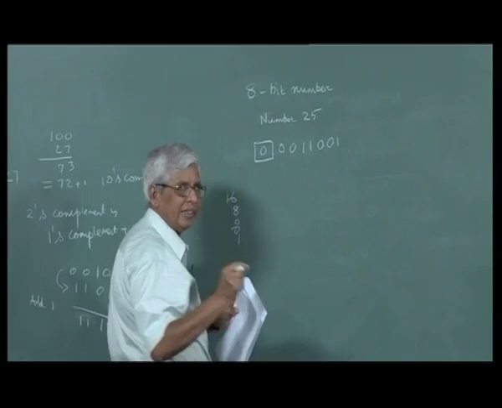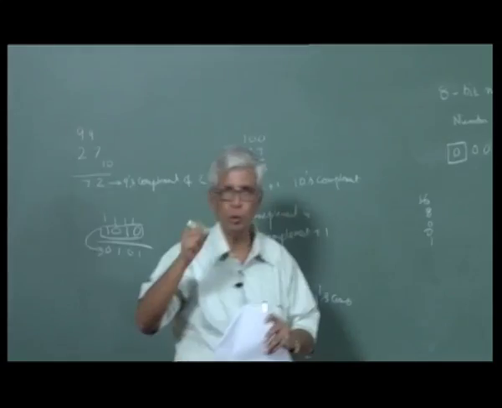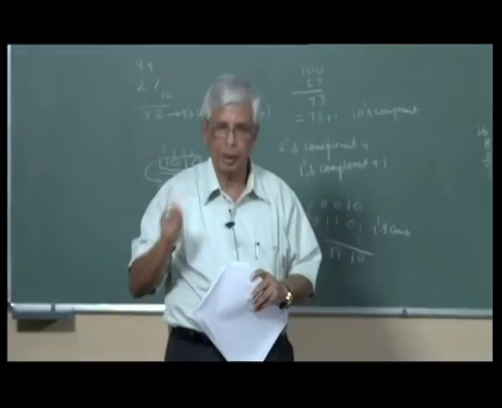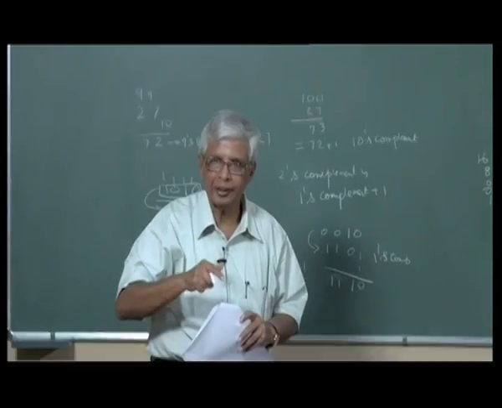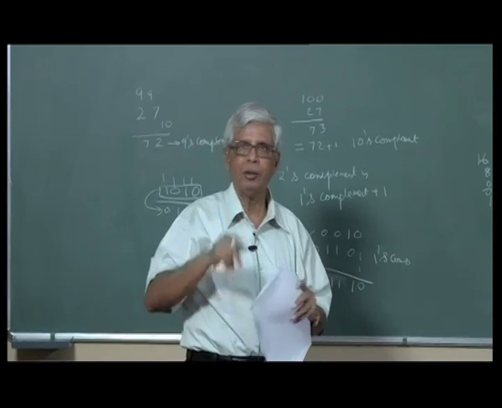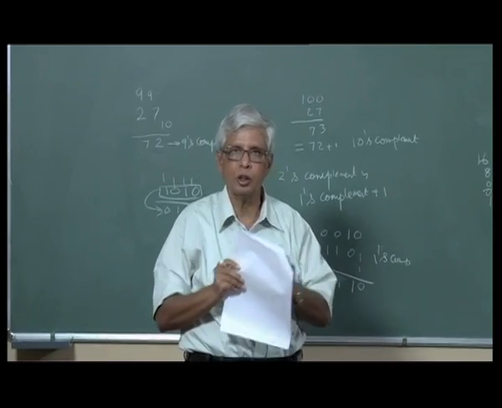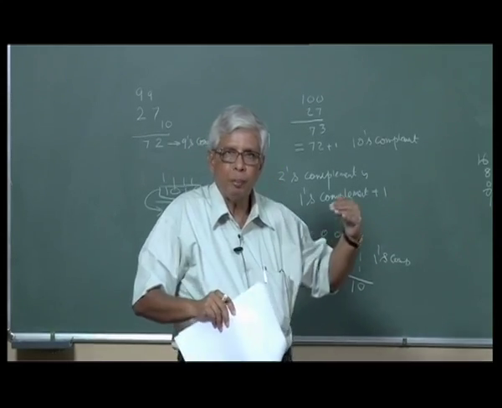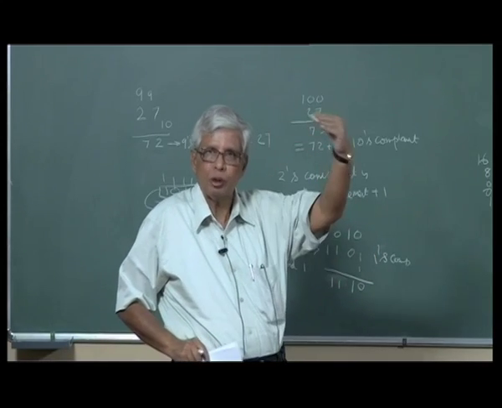Because with 7 bits I can represent up to 127 positive, or minus 128 actually. That is the advantage of 2's complement. 2's complement uses the full range. It can go from minus 128 to plus 127.